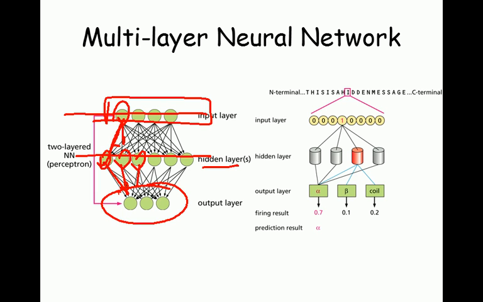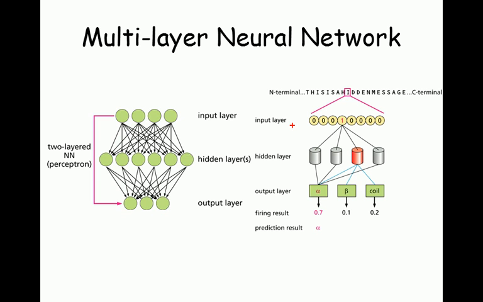But at each neuron, you always do the same thing: you take its inputs, multiply them by its weights, apply the activation function, and generate a single output. The result of this is going to be your predictions, the output that you are looking for.